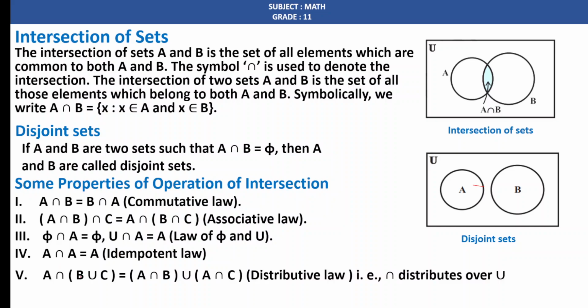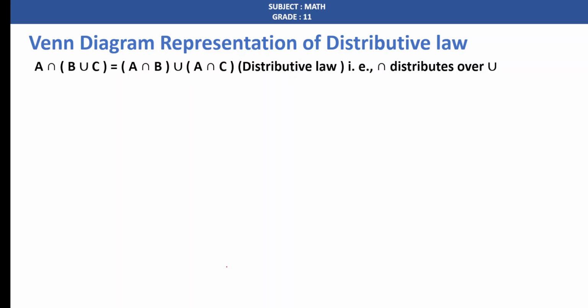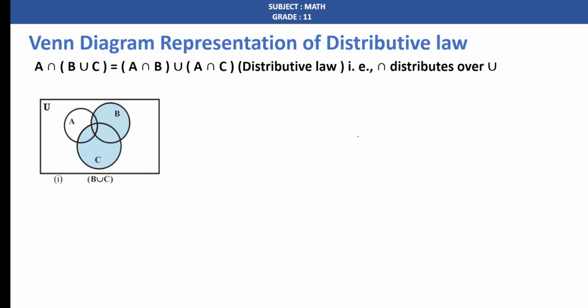A intersection B union C is equal to A intersection B union A intersection C, distributive law, that is, intersection distributes over union. Venn diagram representation of distributive law. A intersection B union C is equal to A intersection B union A intersection C. That is, here intersection distributes over union.